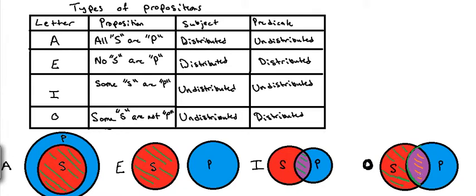So it's a lot of the opposite when we're talking about this little region for an I form. Hopefully that sums up distributed and undistributed. It's talking about how inclusive the proposition is.